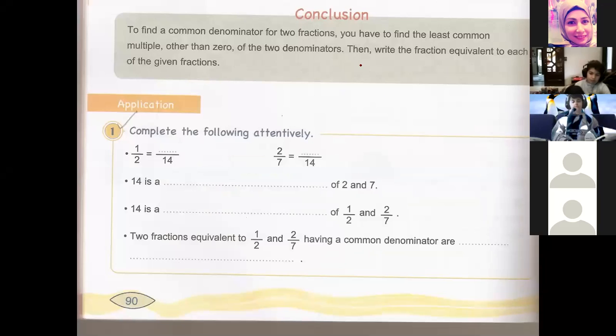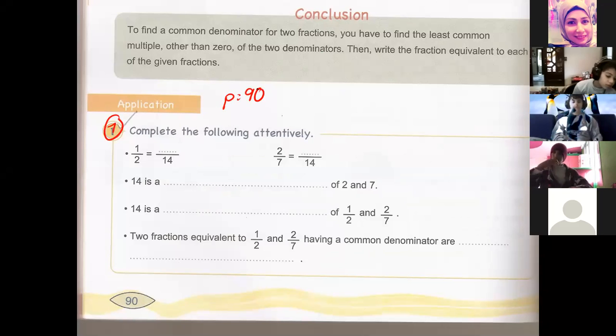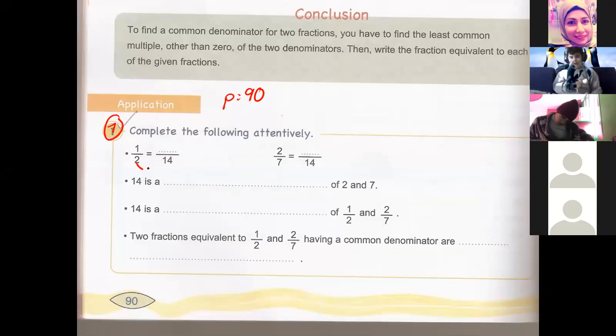Yes, now exercise 1, page 9. Complete the following attentively. 1/2 equals which number over 14? I ask myself, the equivalent fraction, which number we multiply it by to give us 14? 7.